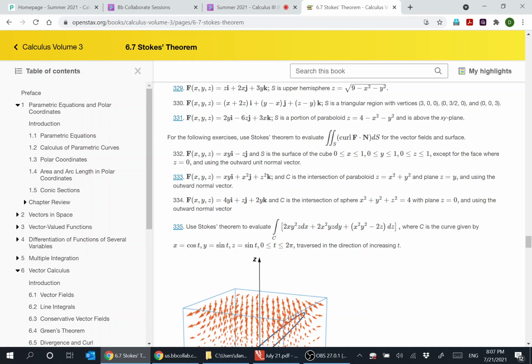Hmm. Well, I think, unfortunately, that vector field is conservative.